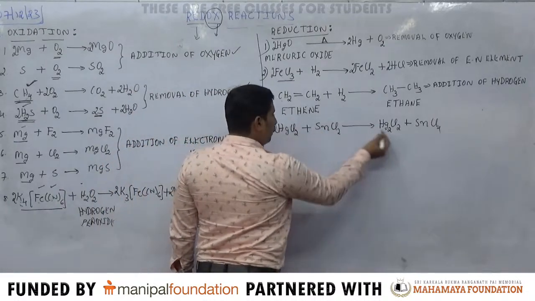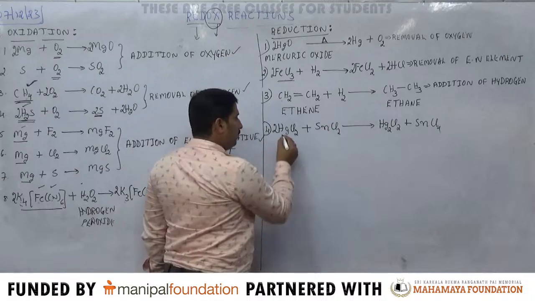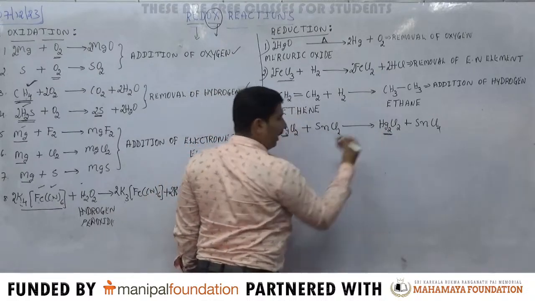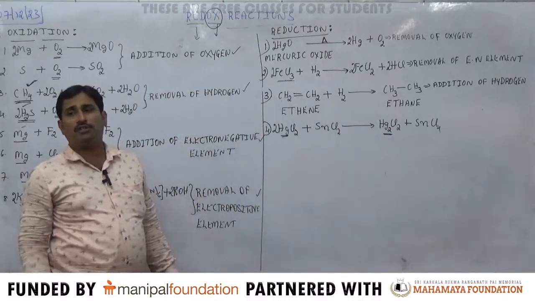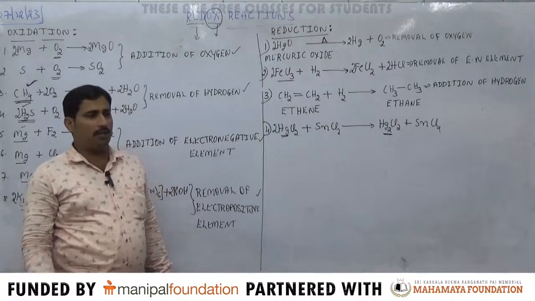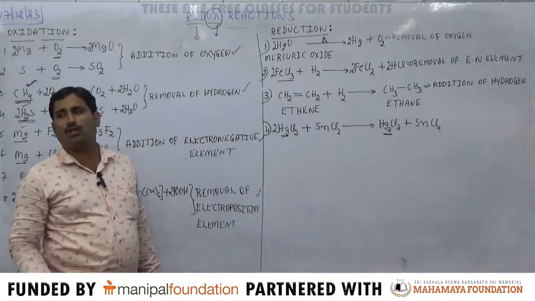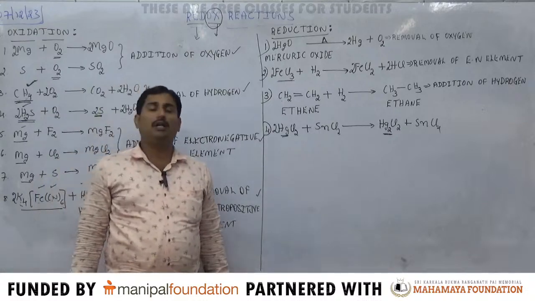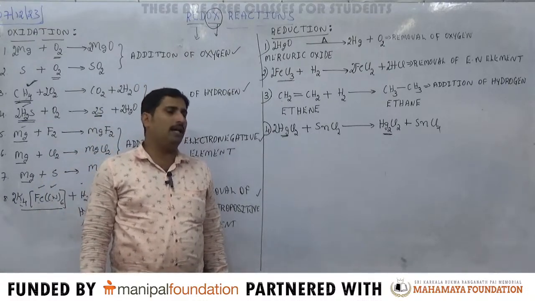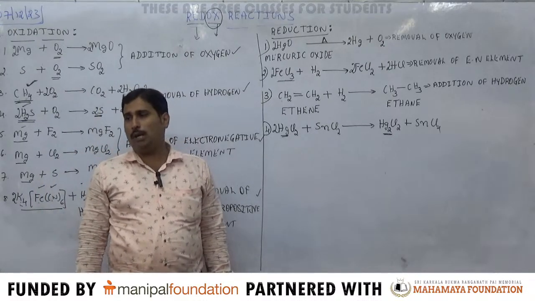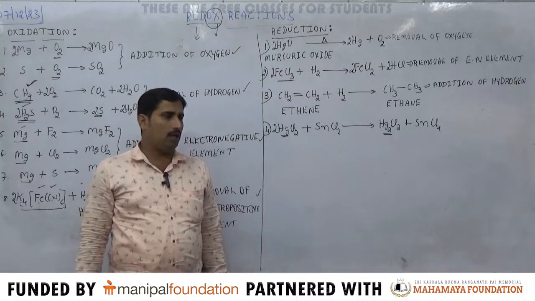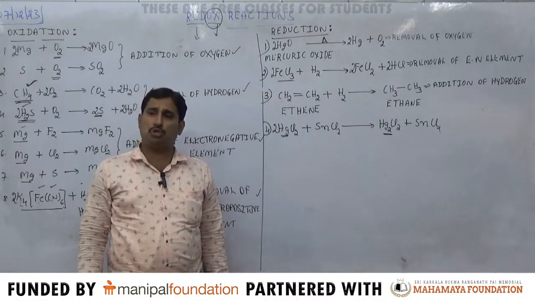If you compare the left and right hand side, Hg became Hg2. That means Hg is added. Can you tell me, Hg is an electropositive element or an electronegative element? It is an electropositive element, and Hg is mercury, belongs to D block.